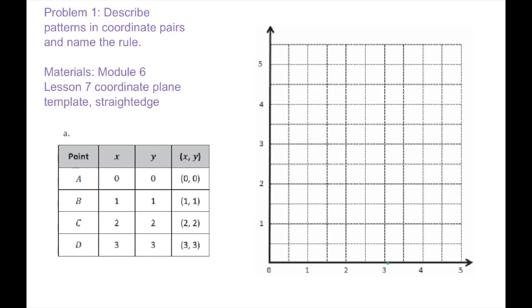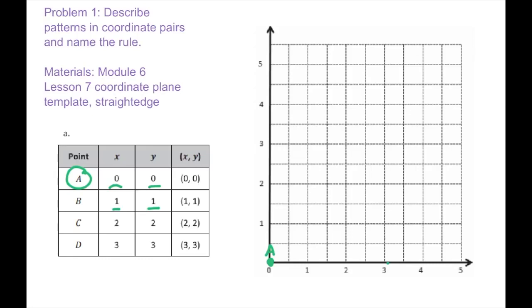Let's take a moment to plot these points together. So I'm going to start with point A. Notice that my x-coordinate and my y-coordinate are both 0. So I'm going to find 0 on my coordinate plane and plot that point, and I will label that point as point A. Moving to point B, I notice that my x and y are 1.